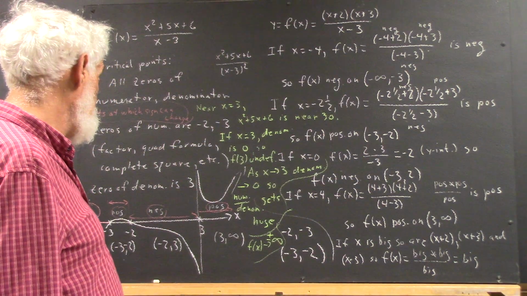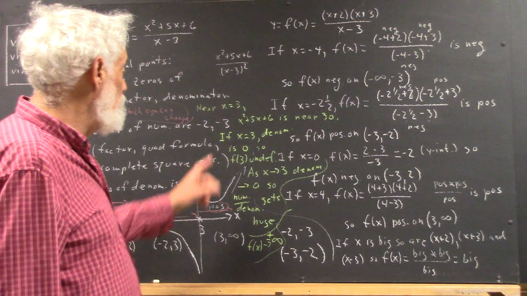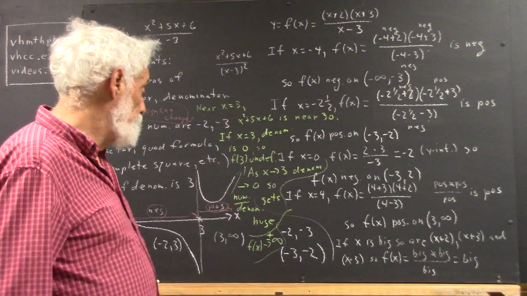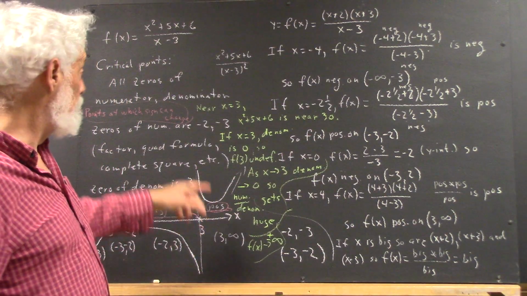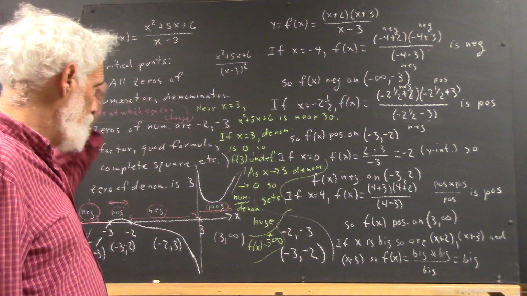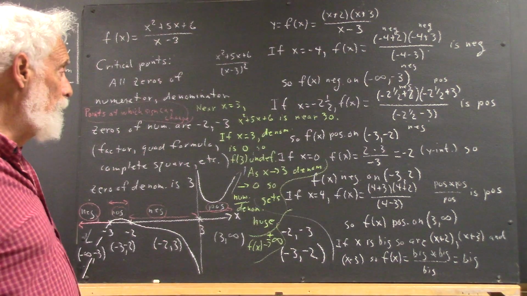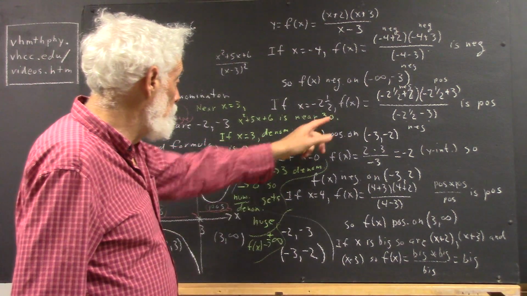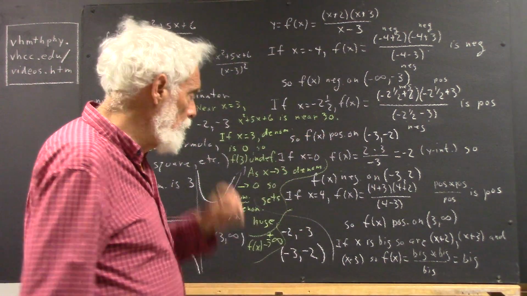Now, if x was equal to 3, the denominator would be equal to 0. I mean, that's how we got to 3 here. We found that to be a 0 over the denominator. And you can't divide by 0, so you'd be dividing 30 by 0, but you can't do that.